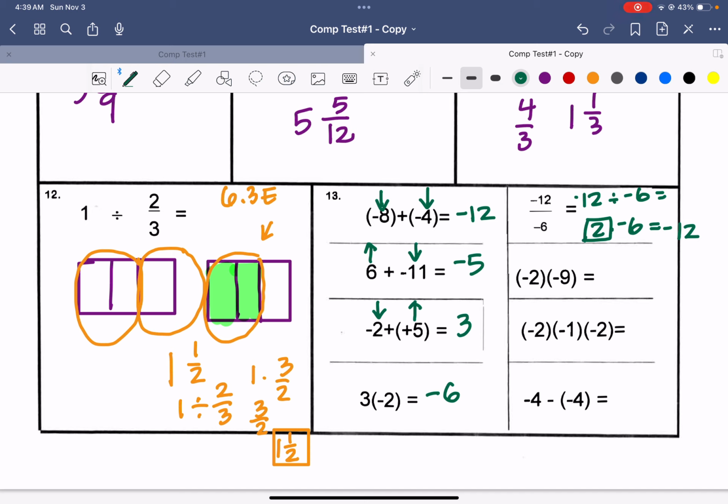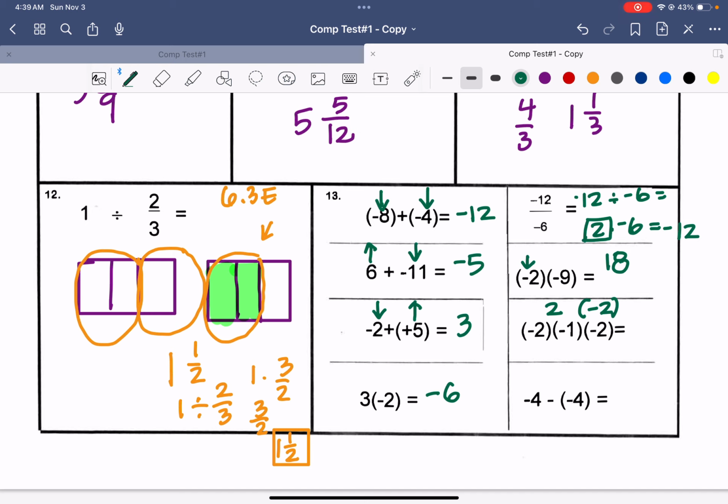Here is you're taking away the opposite, because you can't have a negative group. So if it's 2 groups of -9 is -18, but if I want the opposite, it would be 18. Here is 2 groups of -1, but I want the opposite, so it'd be 2.